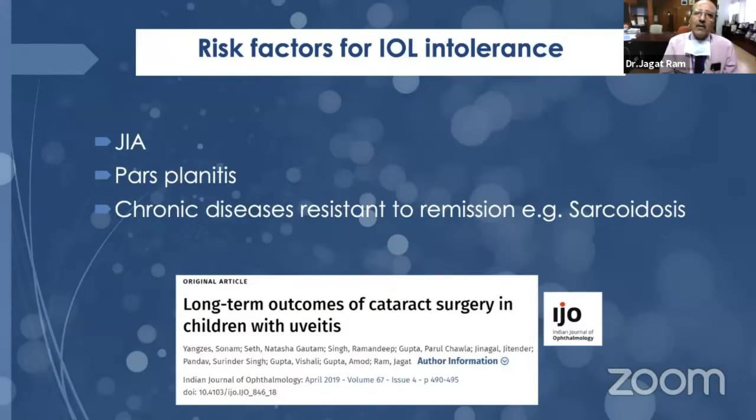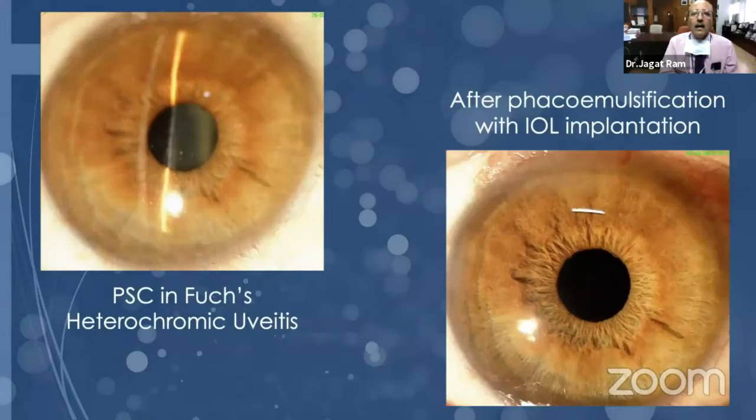Risk factors for IOL intolerance are JIA, pars planitis, and chronic diseases resistant to remission. The best outcome is achieved in Fuchs heterochromic uveitis, which we are not discussing here. Our studies have shown that we achieve excellent outcomes in these cases.